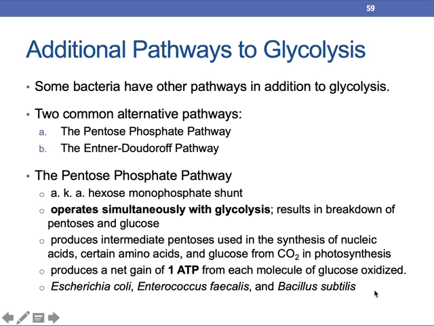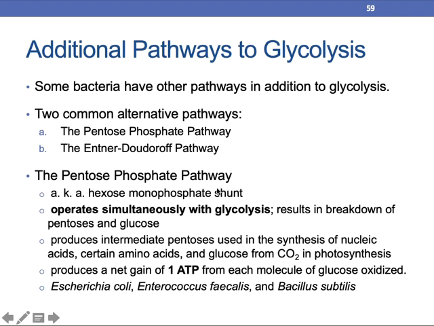In addition to glycolysis, some microorganisms use other pathways to break down glucose. And the 2 commonest ones that we'll talk about are the pentose phosphate pathway and the Entner-Doudoroff pathway.